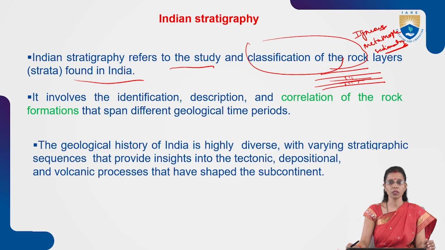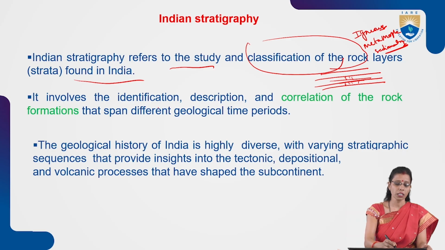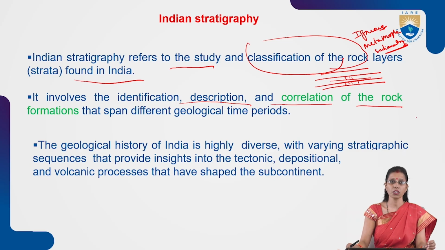Now here, based on the study of these kinds of rocks, we can get to know the age of the rock. So it involves the identification, description, and correlation of the rock formations that span different geological time periods.